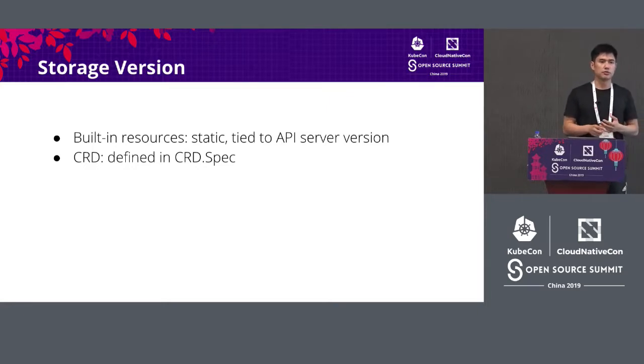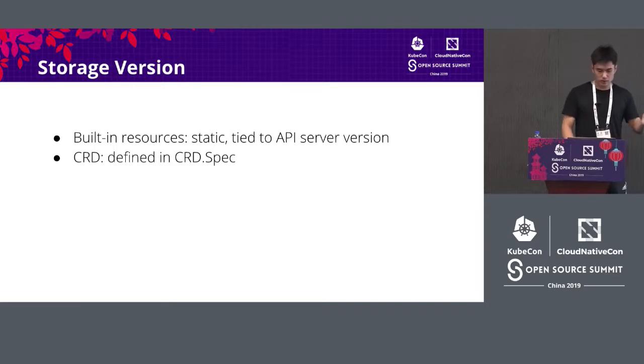For example, if you have a 1.15 Kubernetes API server, all those storage versions for different API resources are already hard-coded. And for CRDs, the storage version is dynamically configurable. You can configure it via the CRD's spec.